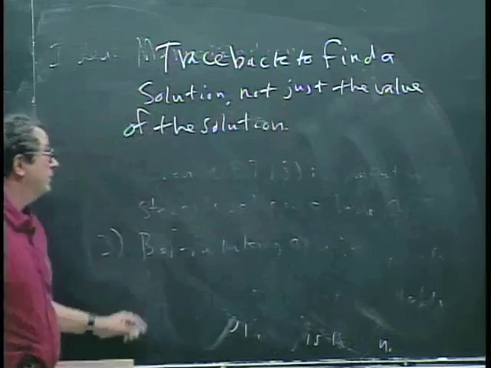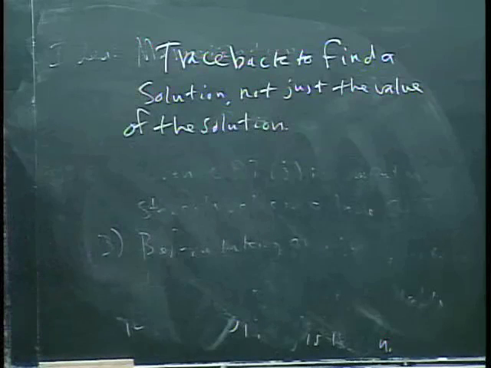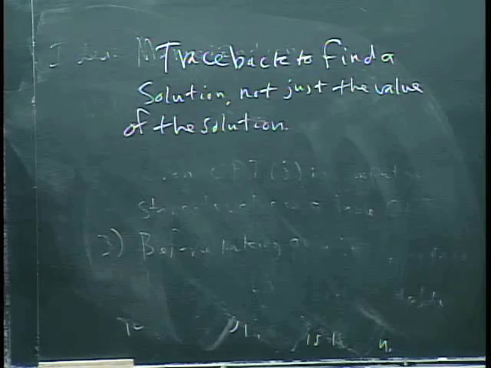Okay, so in this example we've been working with, so far we have an algorithm. We have two: the memoization approach and the dynamic programming approach that will compute opt of n efficiently in order n time. But that's just a number, a value, and sometimes that's all you want.